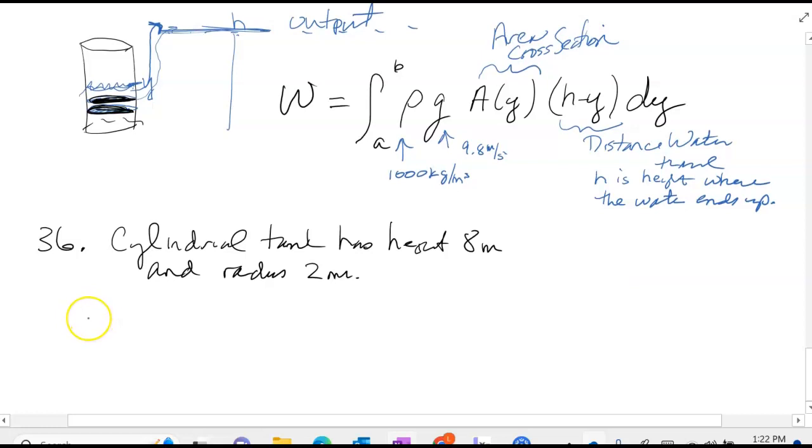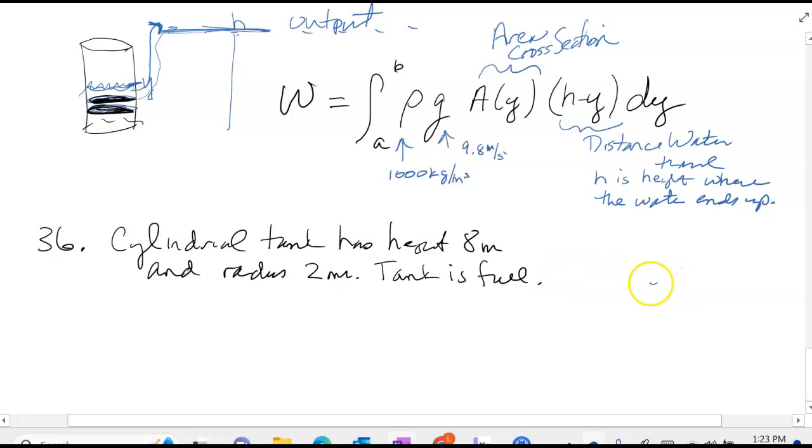So, let's suppose the tank is full. How much work is required to pump the water to the level of the top of the tank and out of the tank?